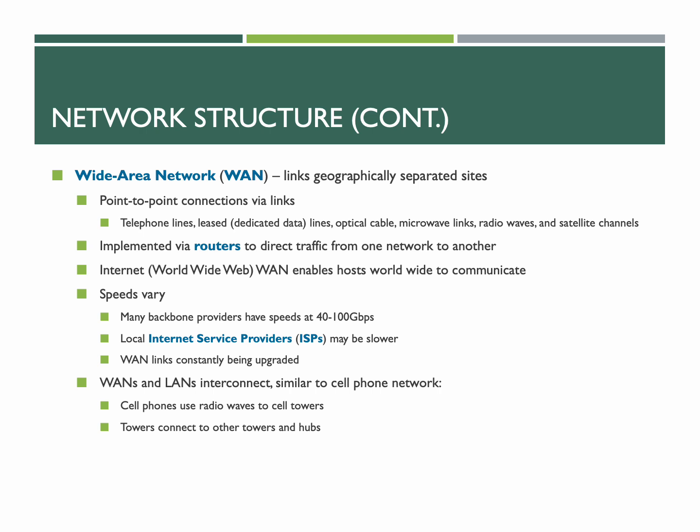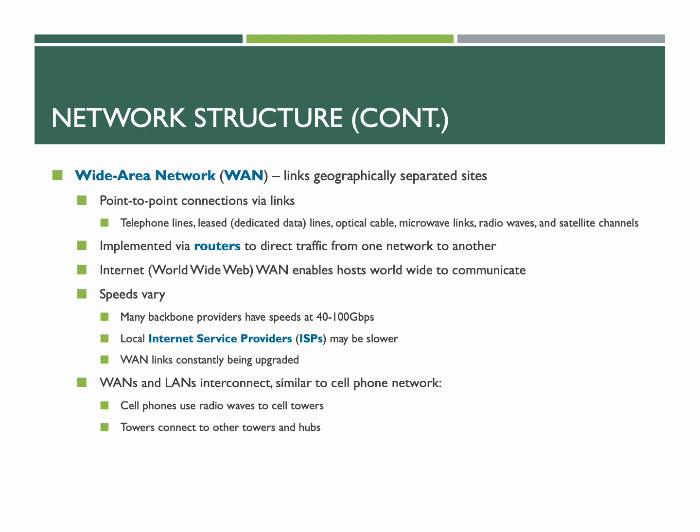First of all, we have backbone providers, which form the core of the internet infrastructure. They may offer speeds between 40 to 100 Gbps. In contrast, local internet service providers or ISPs usually offer much slower speeds depending on local infrastructure and demand. The good news is that WAN links are constantly being upgraded, driven by the growing need for high speed communication.